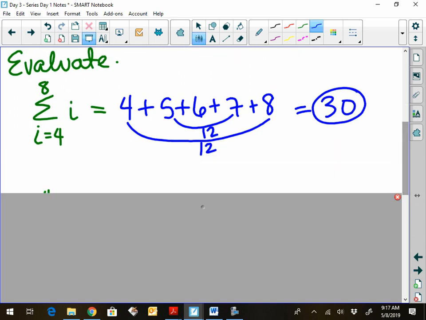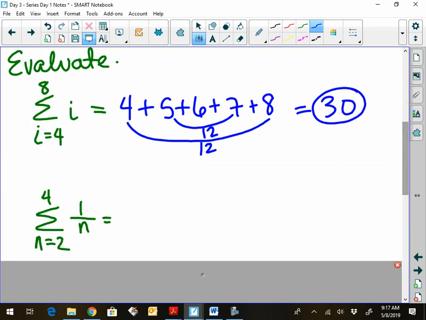Good. So what if we evaluated something like this? First let's write out all of the terms, right? So we start with, if we plug in 2, 1 over 2, and the sum means we add, so then we have 1 over 3, and then we add 1 over 4. All right, so adding fractions, remember, what do we need to have in order to add fractions? Well, you're thinking, oh, I need common denominators.